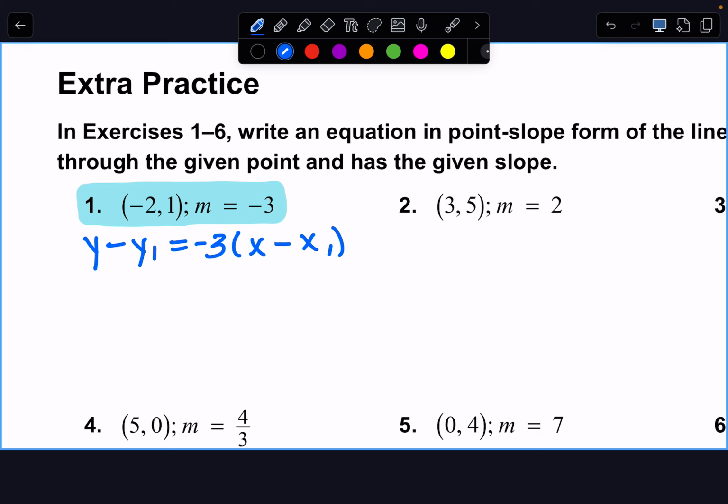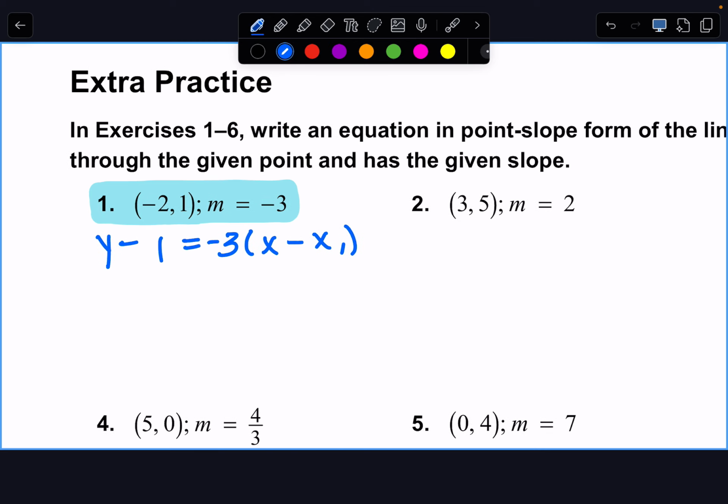So this is y minus 1, and this is x minus -2. So make sure you get x plugged in with x and y plugged in with y, because in the formula y comes before x, and sometimes our brain doesn't always process that, okay? So did you get y equals -3x minus 5?